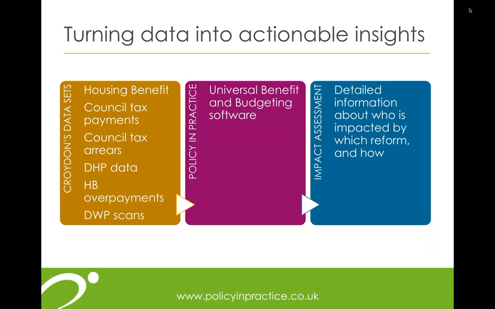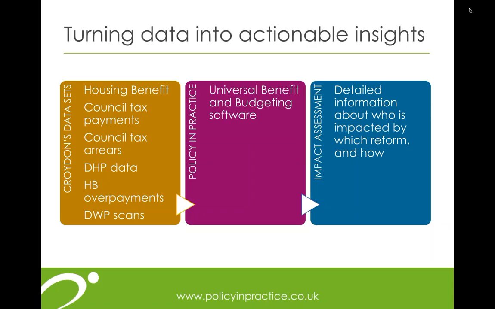So before I dive into the findings of the analysis of the households that are capped in the different groups that we identified, I thought it would be useful to give an overview of the data sets and the process in place for us to carry out this analysis. Croydon Council has shared with us their housing benefit and council tax support data sets.